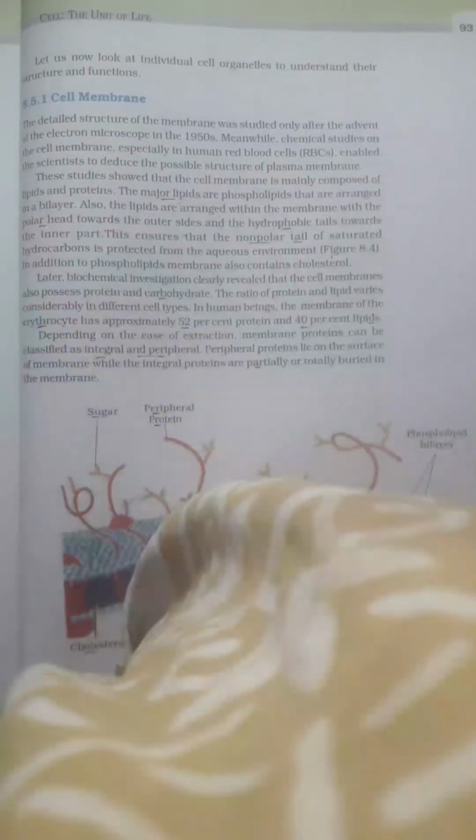The hydrophobic, non-polar tails on the inner side are protected from the aqueous environment, while the polar outer side can manage in the aqueous environment. In addition to phospholipids, the membrane also contains cholesterol, as shown in the diagram.